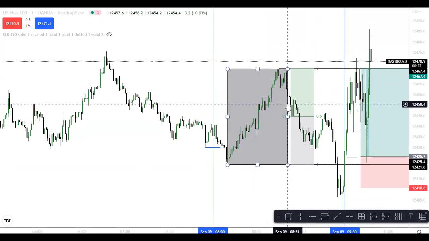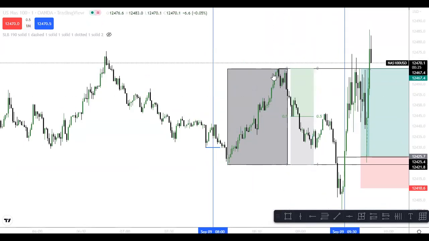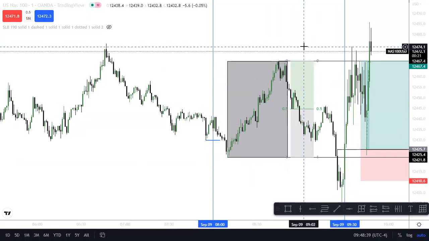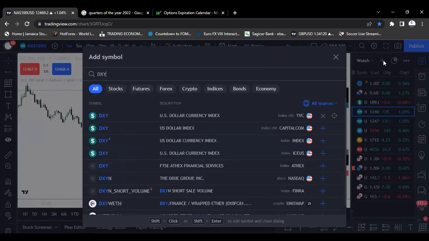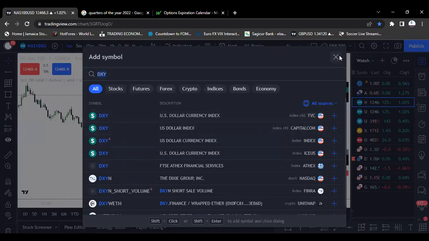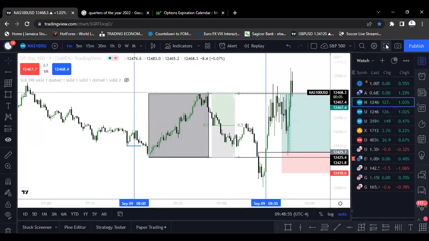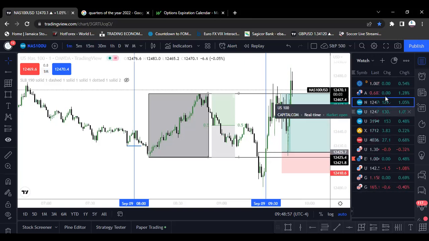Yeah, this is actually bar replay, guys. DXY daily. Why not? Do I have it here? I don't think so. DXY TVC feed. Oh, it is there apparently. Still navigating my way around TradingView, guys.